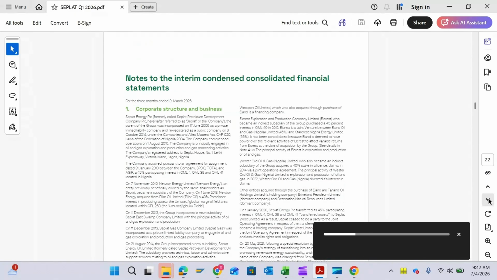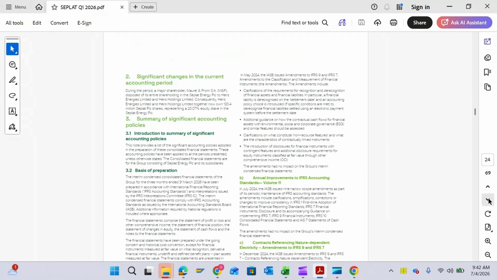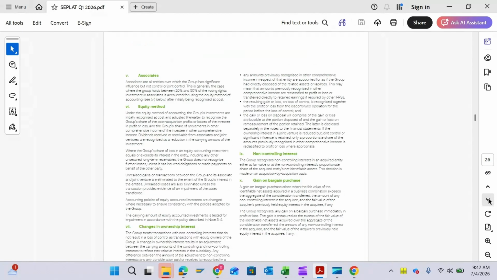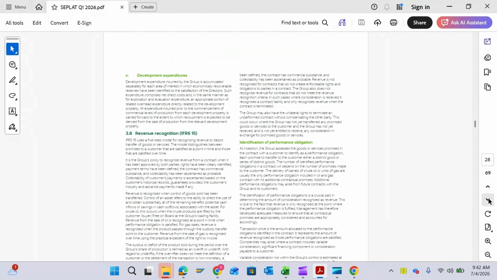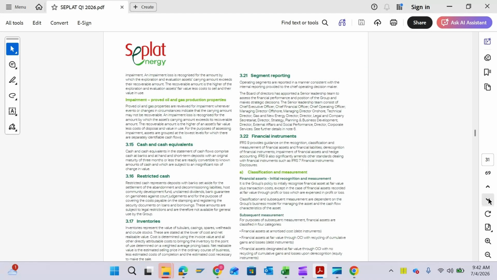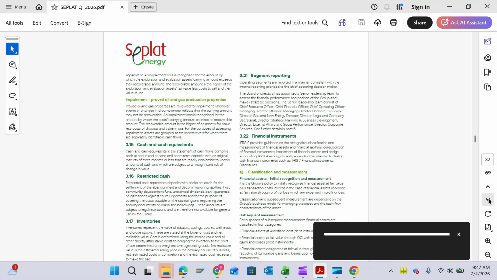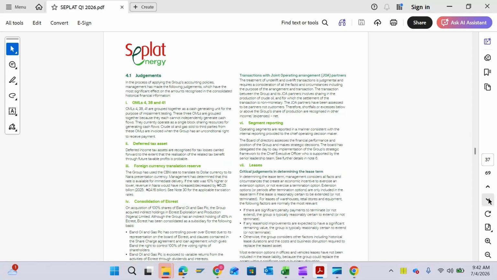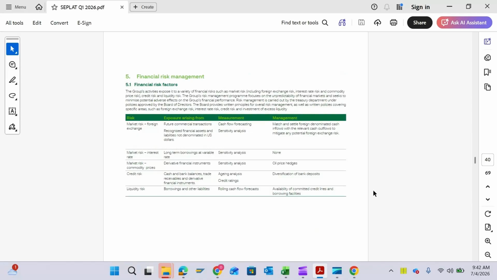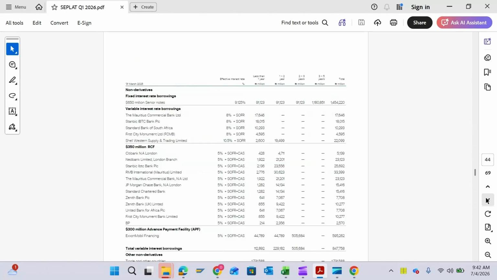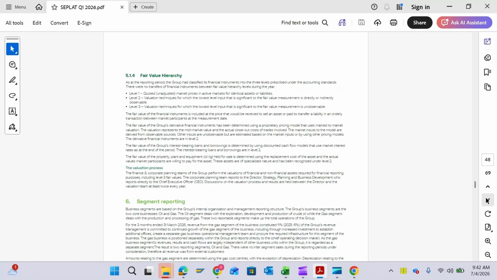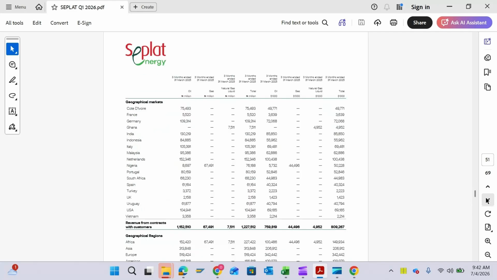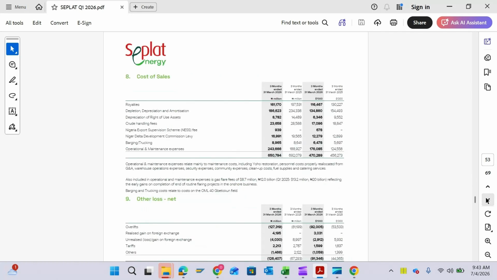If you notice this, note 1, note 2, note 3, note 4, note 5. So I will advise that you download this and read it yourself.